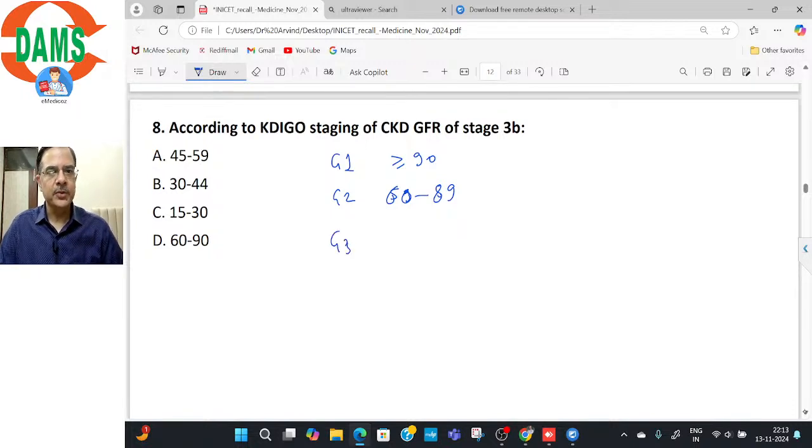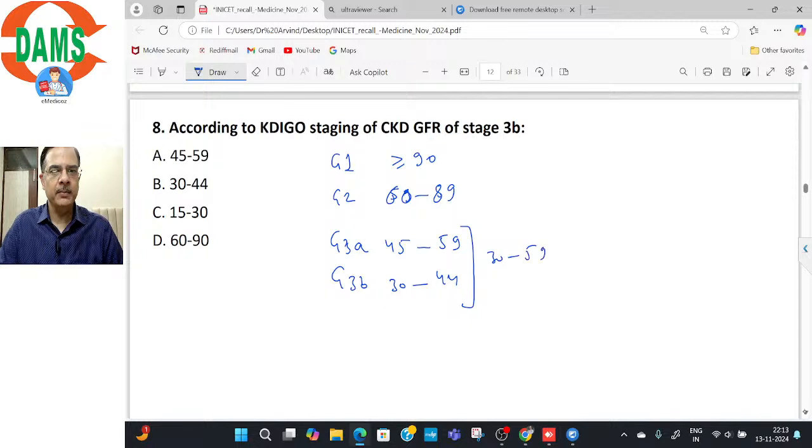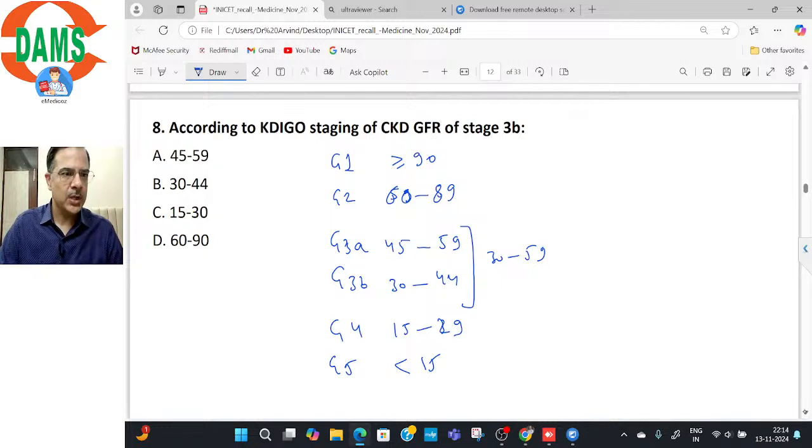G3 will be 30 to 60, but they have divided it into G3A and G3B, with a difference of 15: 45 to 59 and 30 to 44. Overall it is 30 to 59, but they have created a 15 difference here, while G4 is 15 to 29 and G5 is less than 15. So this is the classification of the CKD GFR stage. The answer here will be B option. Unfortunately, it is a value-based question which you have to remember.